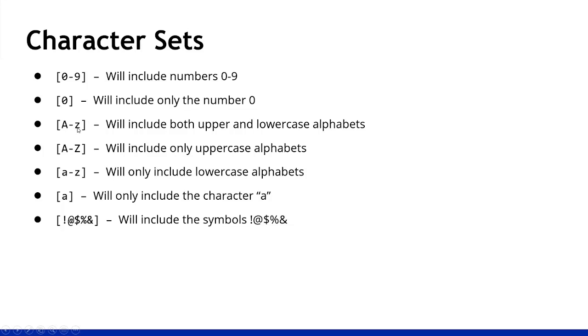Uppercase A, tag lowercase c, means that it includes all uppercase and lowercase characters. Both uppercase means only uppercase alphabets. Lowercase means only lowercase alphabets. Just a single alphabet means that it only includes that particular character. And then a bunch of special symbols, meaning the password can include any of these symbols.